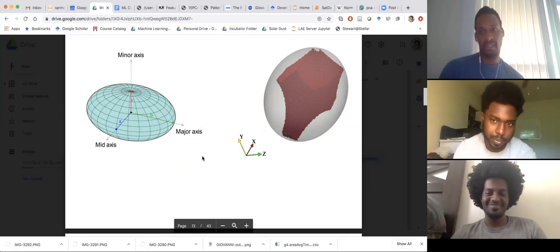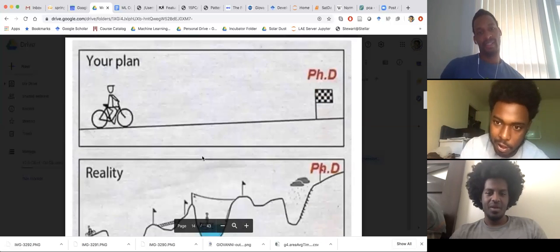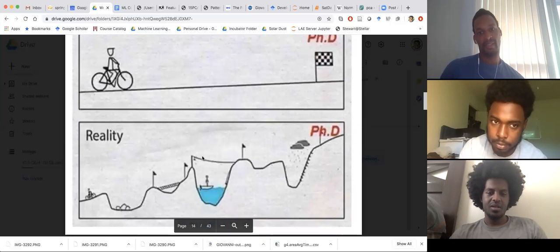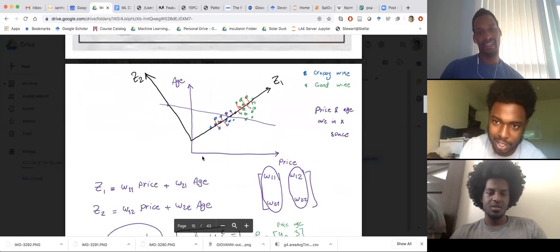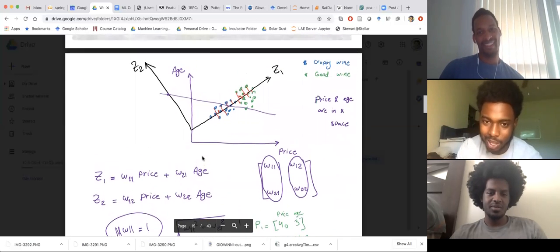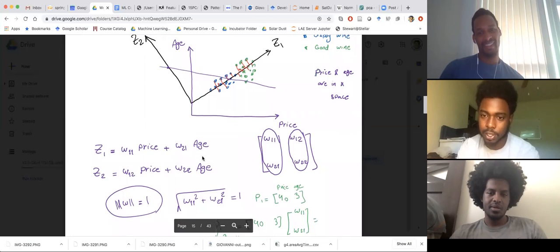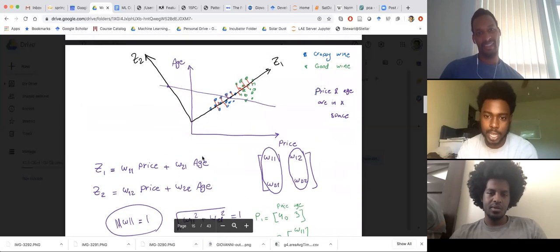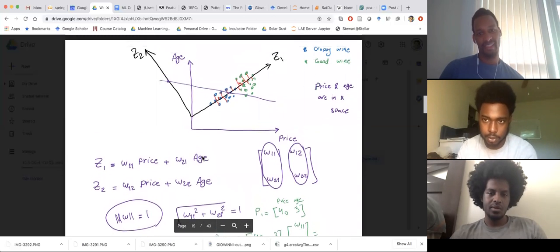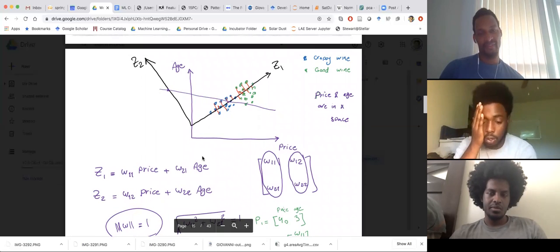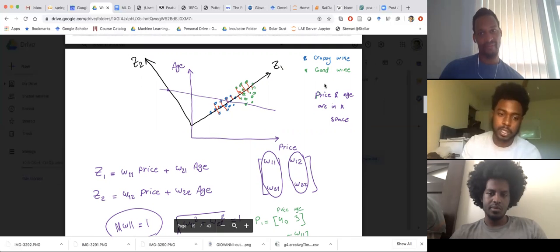If you are able to make this jump, be my guest. But yeah, I see what you're saying. Exactly. So this is a pretty good example of what's happening mathematically and conceptually, although I would argue that with the classification of good and crappy wine, I probably wouldn't use PCA.